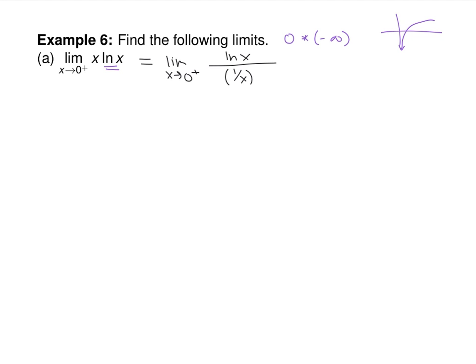Okay. And you think about 1 over x's picture. 1 over x's picture looks something like that, right? And now you have negative infinity over positive infinity. And now you can use L'Hopital's rule on this thing. But before that, you couldn't.